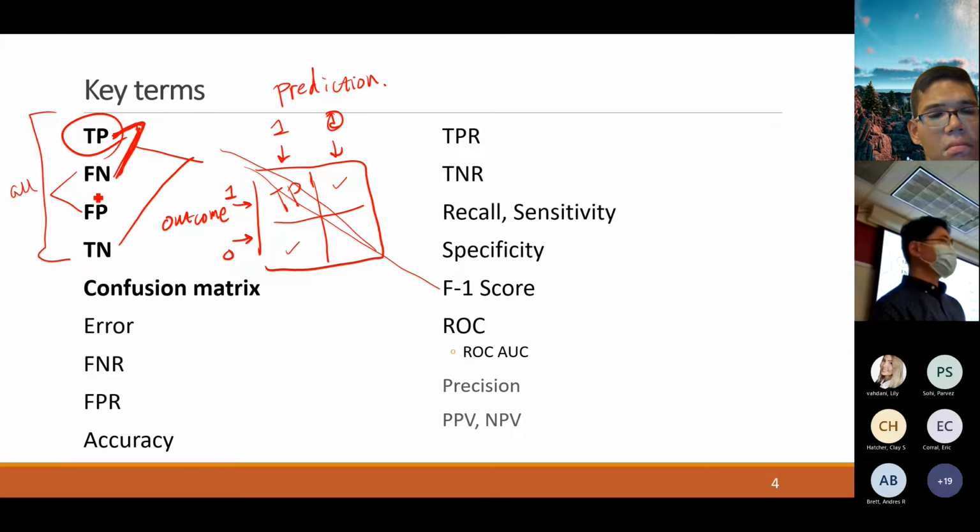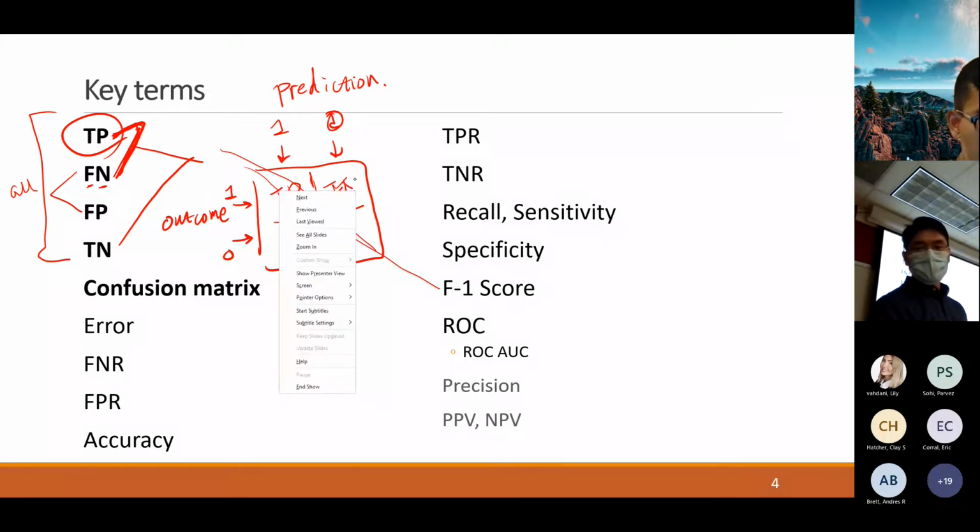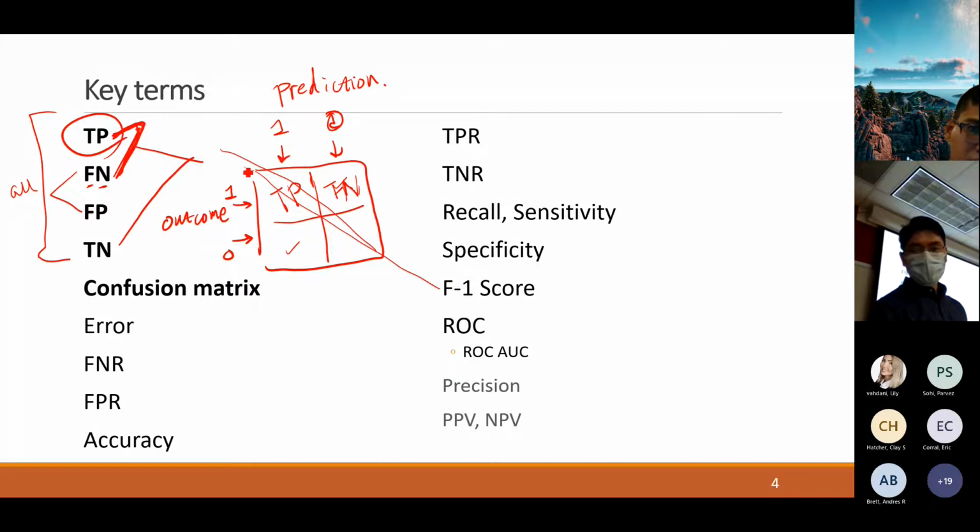Where is false negative? Because it's false, it's off diagonal. And because it's false negative, it's a negative prediction, so it's going to be the second column, the first row. If you add them together, it's going to be the first row of this confusion matrix.